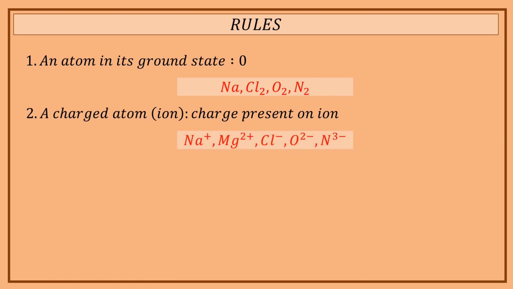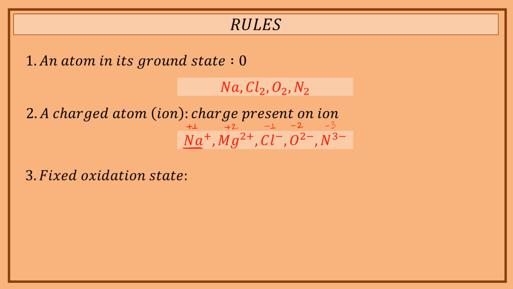So in this example, the oxidation number of Na+ will be +1. Similarly, the oxidation number of Mg2+ will be +2. For chlorine, it will be -1. For oxygen, it will be -2. For nitrogen, it will be -3 in their respective ionic forms.